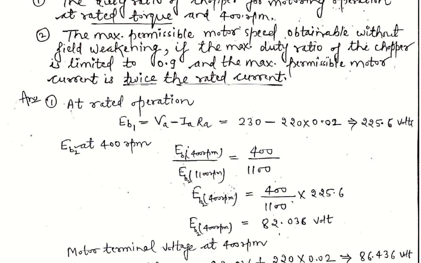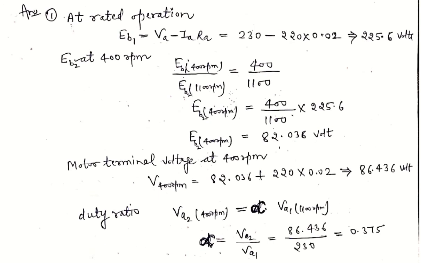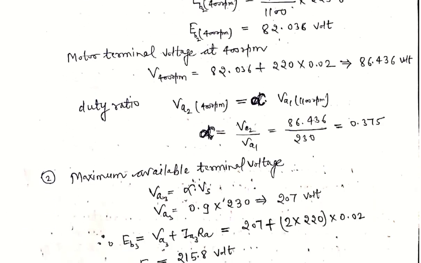We will calculate Eb2 by this relation: N is proportional to Eb upon phi. Phi is constant due to the separately excited motor. So Eb2 is calculated to be 82.036 volt corresponding to 400 RPM. Now we will calculate the motor terminal voltage corresponding to this back EMF, which is V equals Eb plus IaRa. So Eb is 82.036 plus IaRa. By this relation, we calculate the terminal voltage for this new value of back EMF.